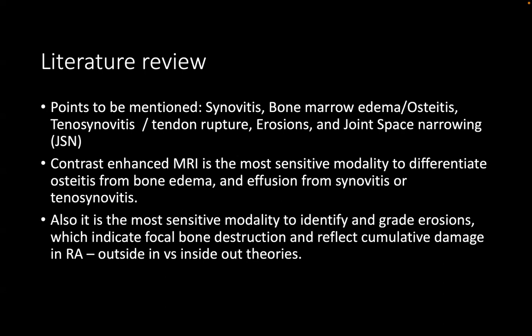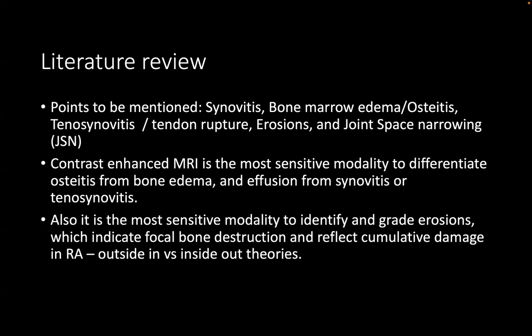Among all the points mentioned above, synovitis, bone marrow edema or osteitis, and tenosynovitis represent the inflammatory load or inflammatory markers of rheumatoid arthritis. On the other hand, erosions and joint space narrowing represent more of structural markers.